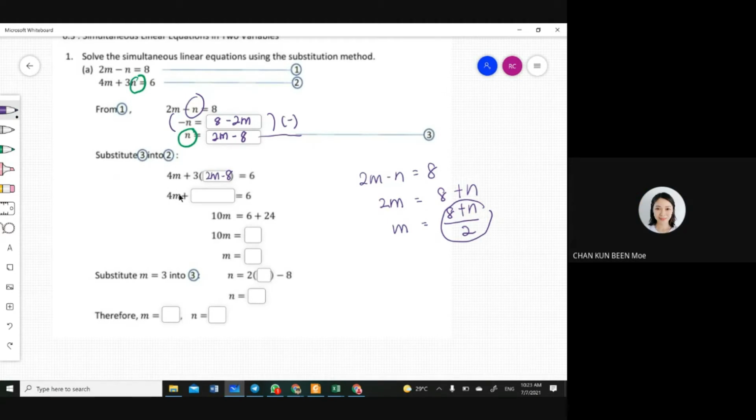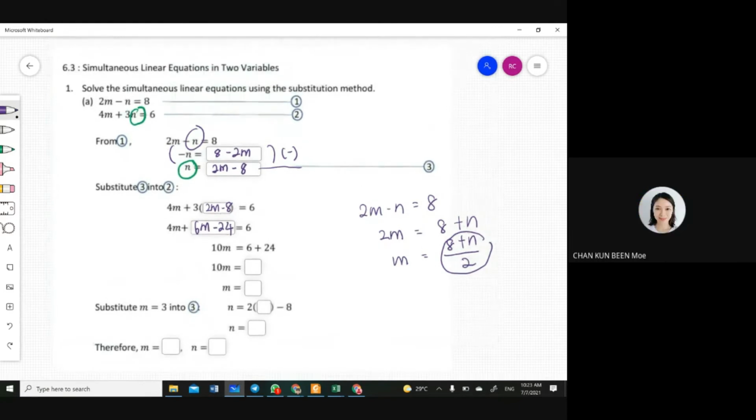So this one is still the same, you copy down. 3 times 2m is 6m, and then 3 times 8 is negative 24, right? You can see in the next step they help you move the 24 to the right. Negative 24 moved to the right becomes positive 24. So the remaining here, 6m plus 4m is 10m. 6 plus 24 is equal to? 30. Okay, so you can write down the 30 over here.